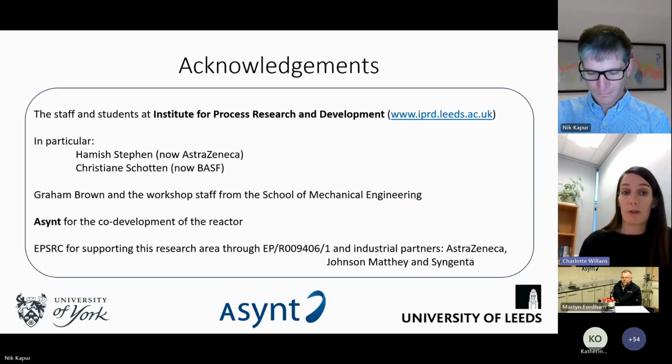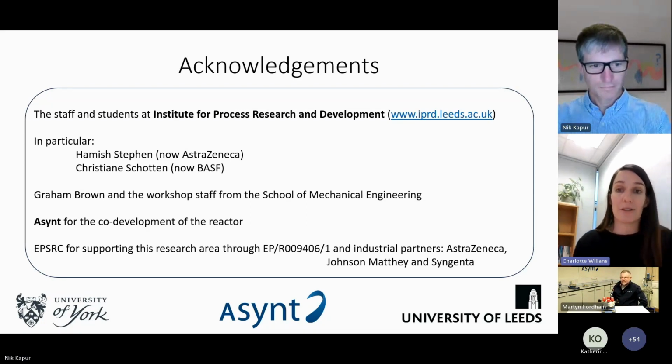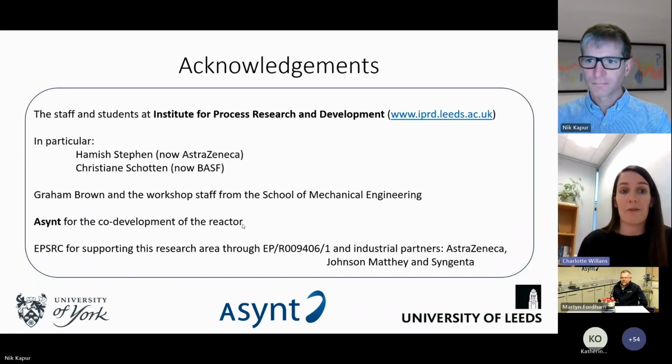Christiana, who was a postdoc with us, who now works at BASF. Also the workshop staff in the School of Mechanical Engineering in Leeds. Again, they've made many iterations of these reactors. And then, of course, Asynt for the co-development of what is now the Electro React. And then EPSRC, who has supported some of our work through an EPSRC grant.